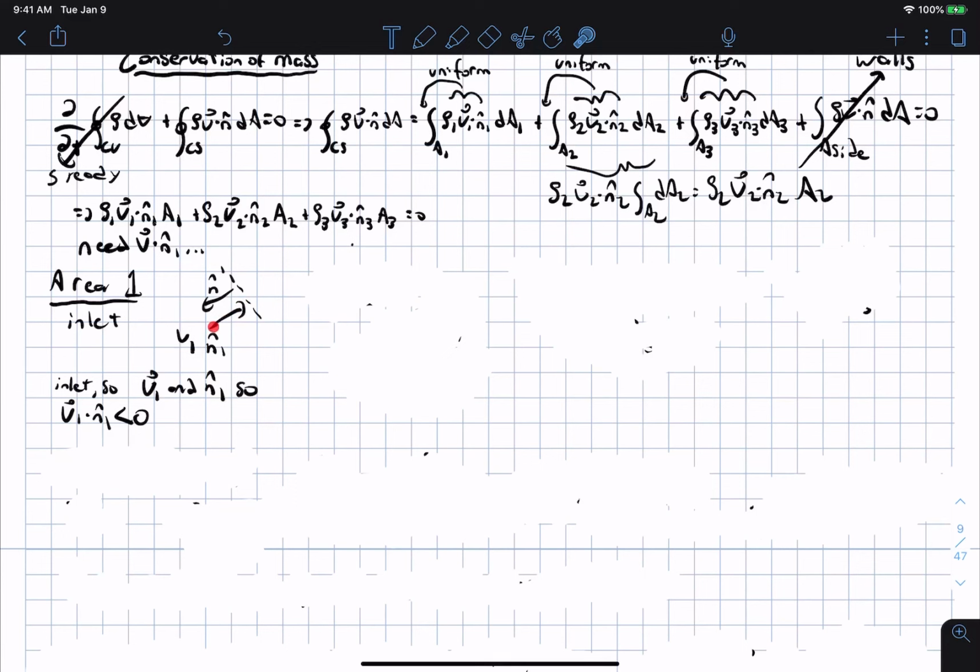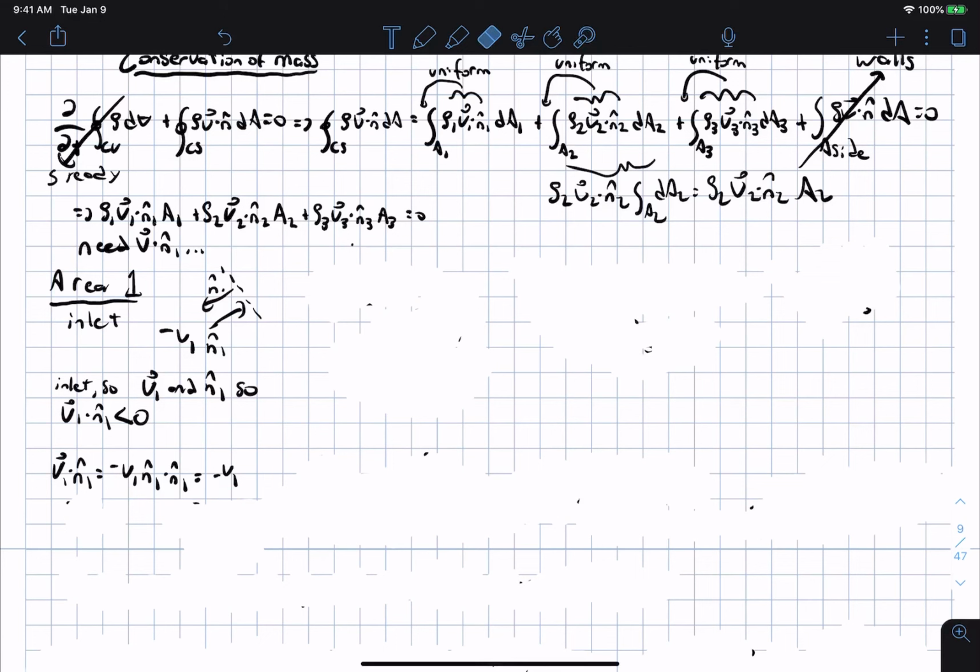Or we can just look at these arrows here and note that this is going to be minus n hat 1, to indicate that it's in the direction opposite. So v1 dot n hat 1 is some unknown v1 times minus n hat 1 dotted with n hat 1, and we are just left with a minus v1.